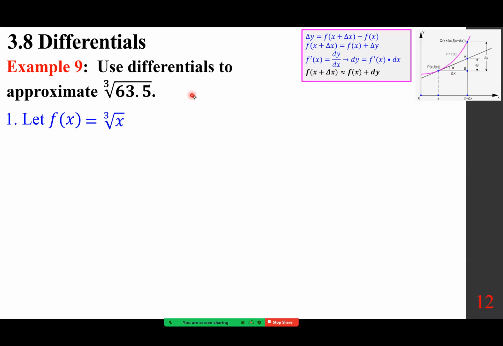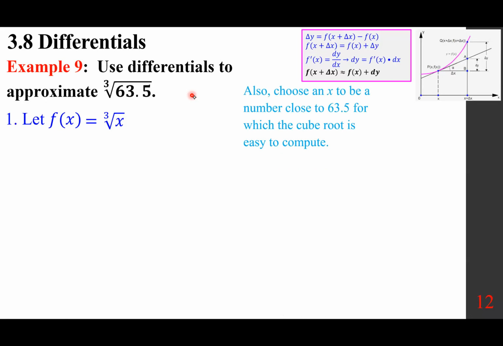Then we need a number closest to 63.5 so that we can find the cube root easily without any calculators. What number would that be? 64, because the cube root of 64, we should know it's equal to 4.